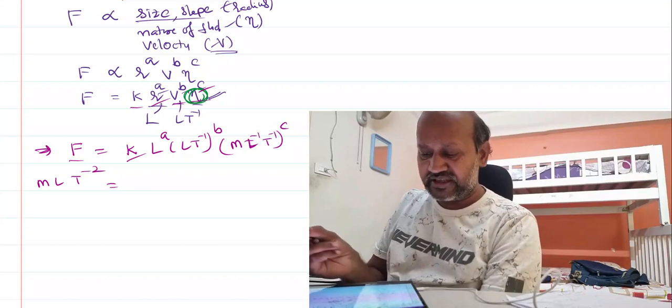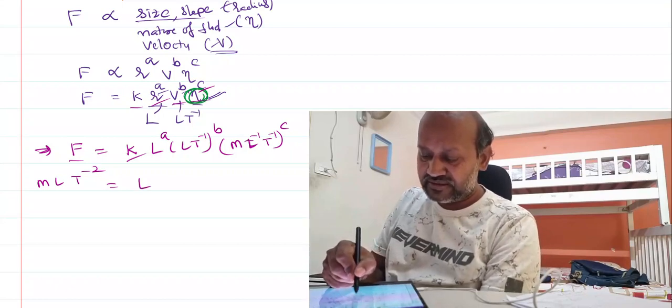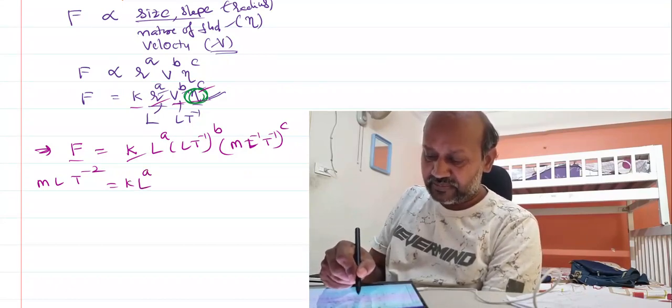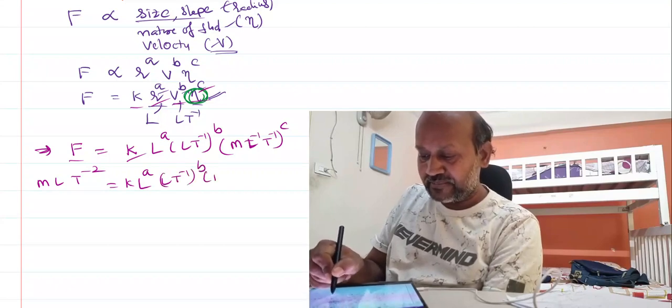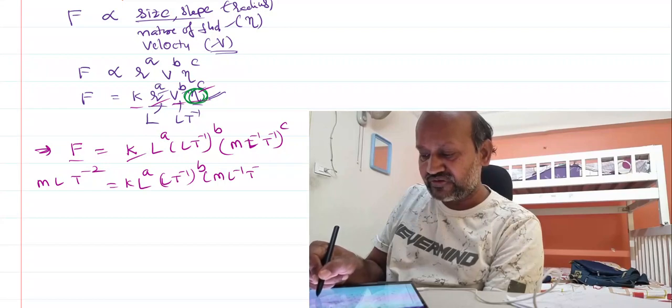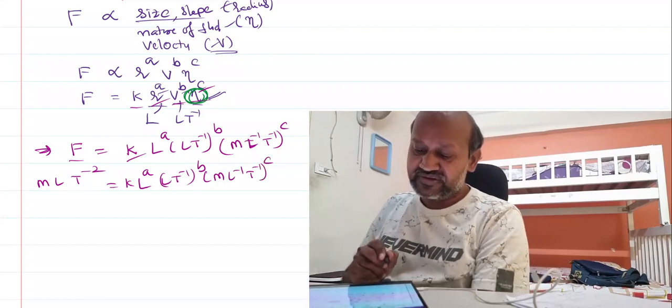I am not writing k because it's dimensionless. Or else let me write, no problem. L^A, (L T^-1)^B, and the coefficient of viscosity to the power of C.